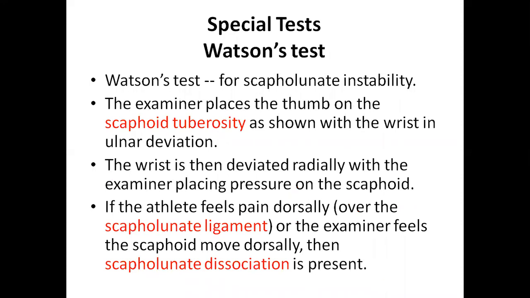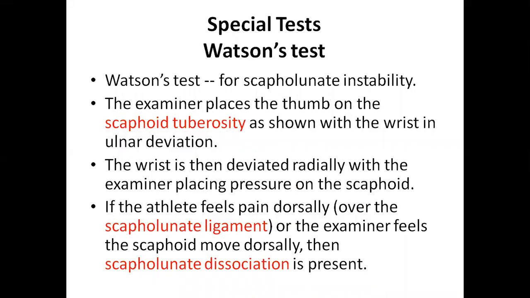Special tests. First of all, this is the Watson test. The Watson test is used for checking the instability of the scapholunate. In the Watson test, the examiner places the thumbs on the scaphoid tuberosity, as shown, with the wrist in ulnar deviation in this picture.